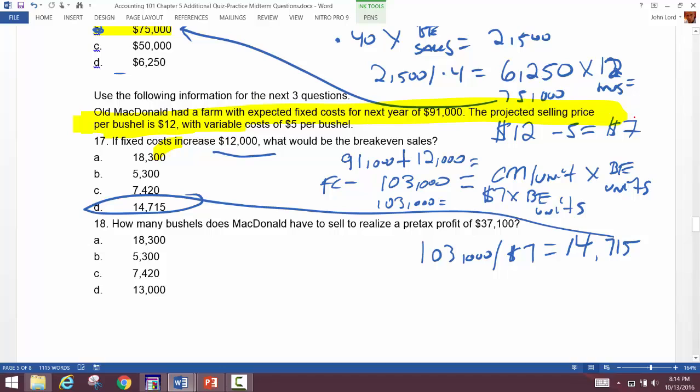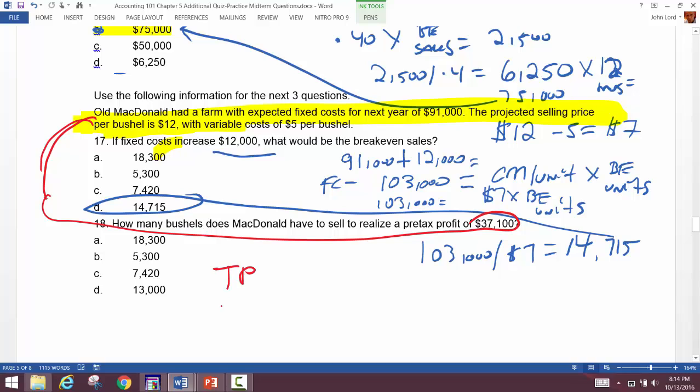Okay, so what happens? We're sitting here, and they're going to keep that same set of facts. And now we're going to just change up the situation where we're adding the target profit here of 37,100. Okay, so who wants to set this one up?